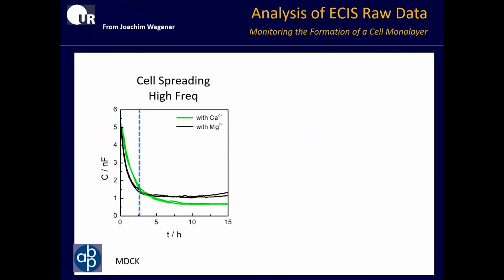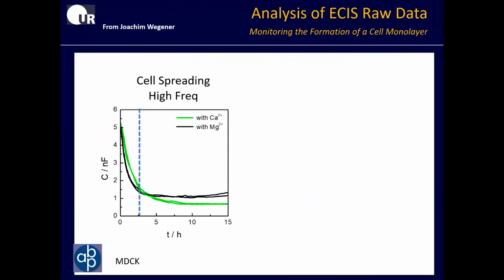In the case of the black trace, the salt concentration of the medium has been modified such that the only divalent metal ion present is magnesium. The green traces are where the only divalent metal present is calcium. There are subtle differences in these curves, but essentially, looking at this drop in capacitance, we know that the cells are attaching and spreading approximately at the same rate and forming a complete cell layer.